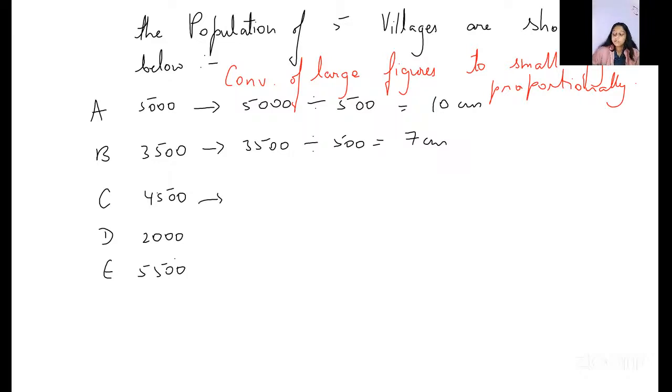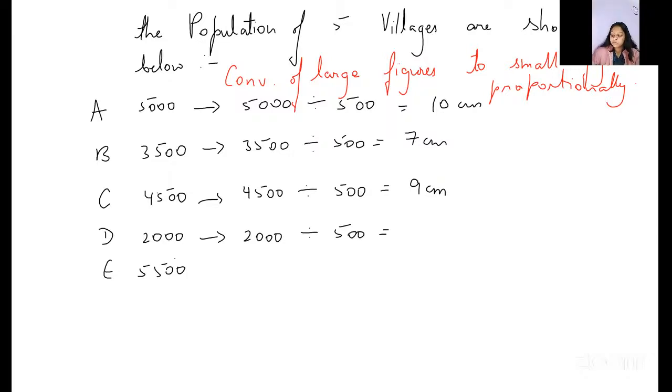For village C, 4,500 divided by 500 becomes 9 centimeter. Then 2,000, again I'll divide by 500.